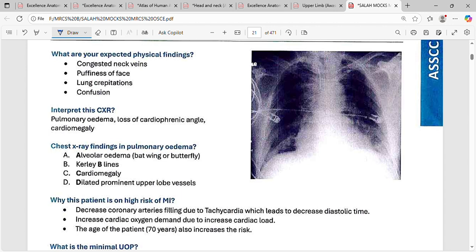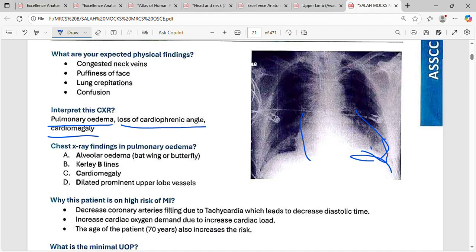Okay, so in the pulmonary edema there is loss of the cardiophrenic angle and cardiomegaly. So here it is the cardiomegaly, and we have the loss of the cardiophrenic angle. So this angle between the cardiac border and the diaphragm is lost.